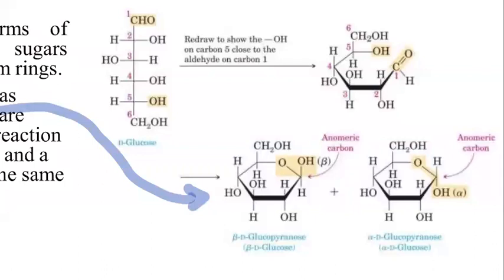So here we have the structure of glucose. Again, the reason this is labeled D-glucose is because the OH is pointing towards the right. Carbon number 5 is the chiral carbon in this system that is the farthest away from the carbonyl, okay?